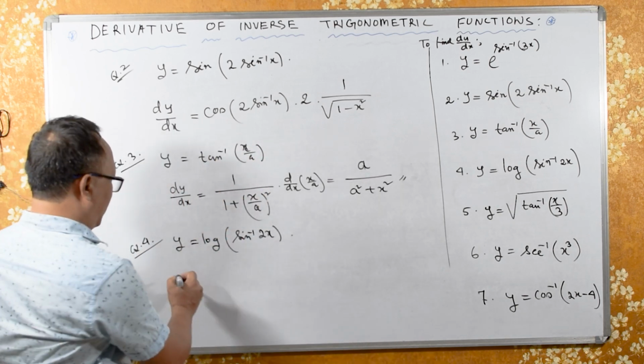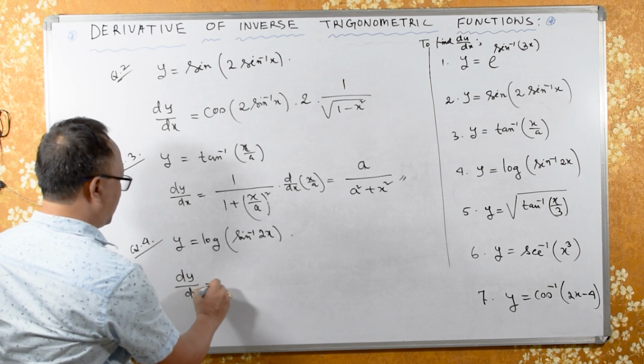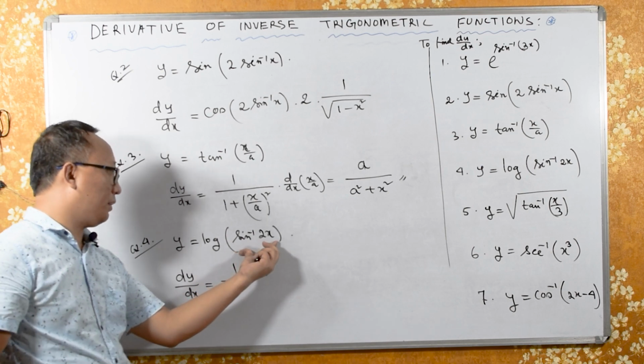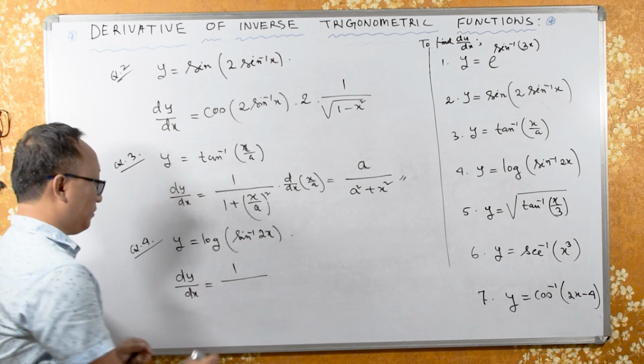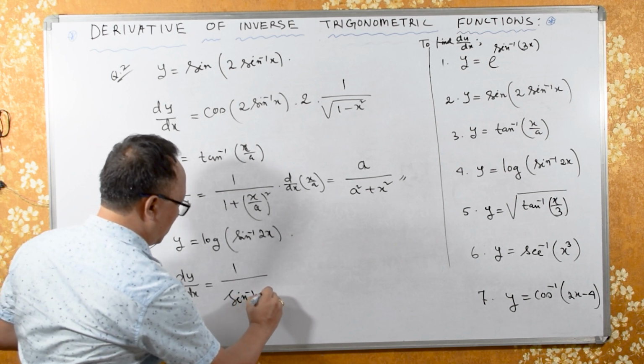Therefore dy upon dx is 1 upon whatever you have, log of something, this something will be down. Here sine inverse 2x.